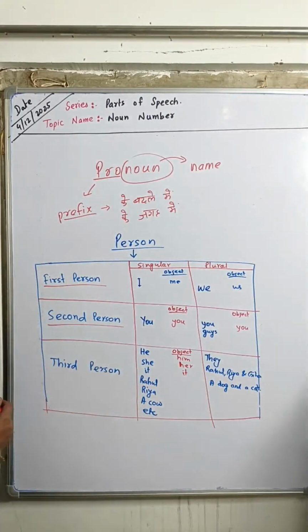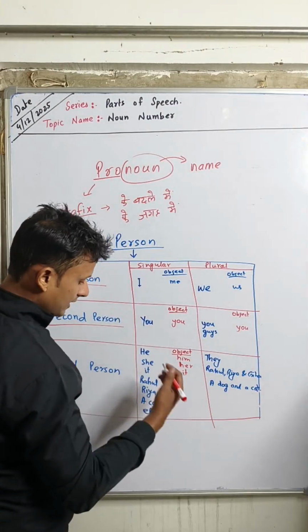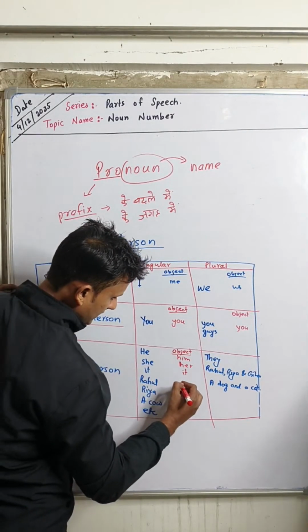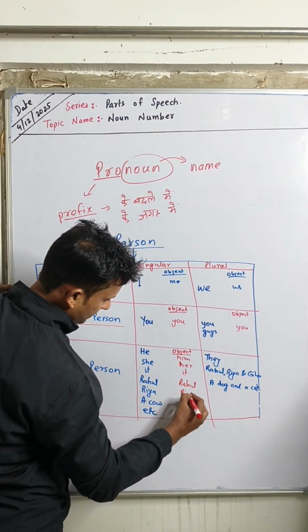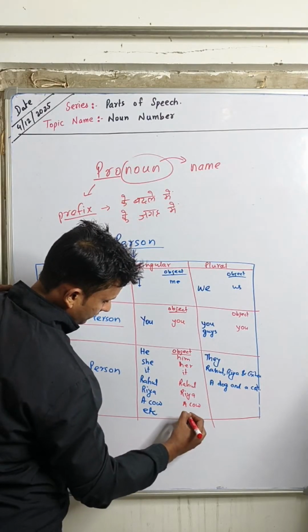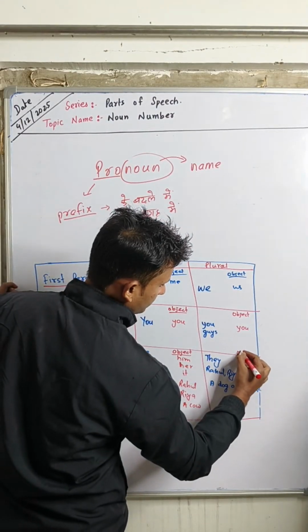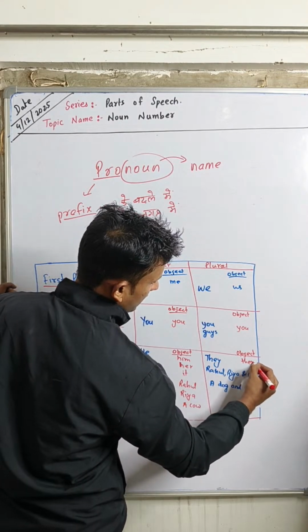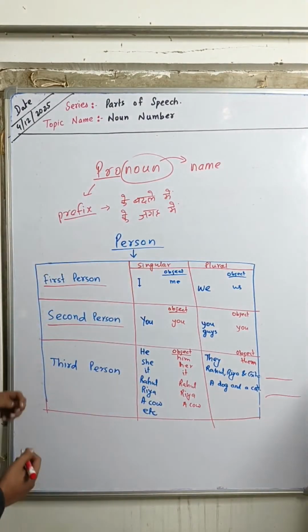So it is also unique. In subject it is it, in object it is it, right? And the names, in either subject or object, will remain the same. Like in object it will remain Rahul, Ria, a cow. Here the object of they is them, and obviously the names will remain the same in object as well.